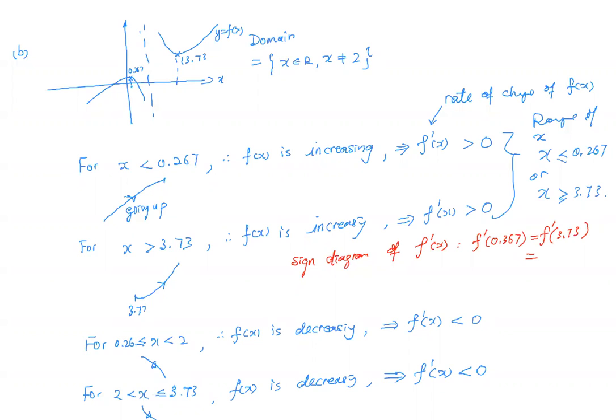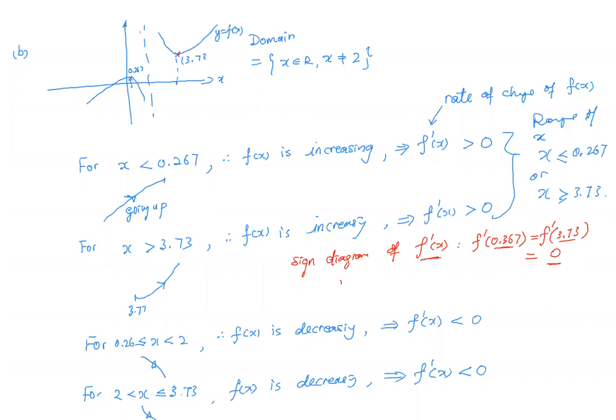These two are stationary points. So f prime is equal to 0, correct? So when you want to draw the sign diagram of something, you must find the value of x that will make the something equal to 0. Am I right? That is called the x-intercept. Am I right?